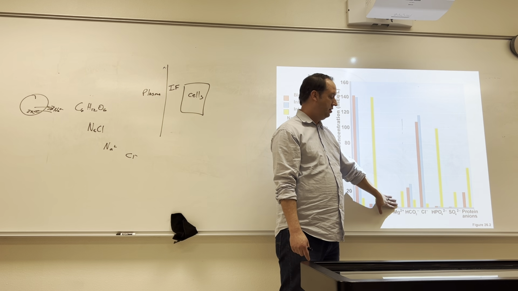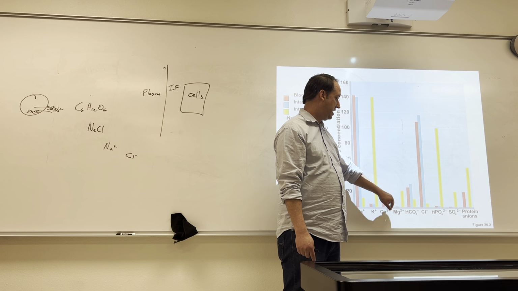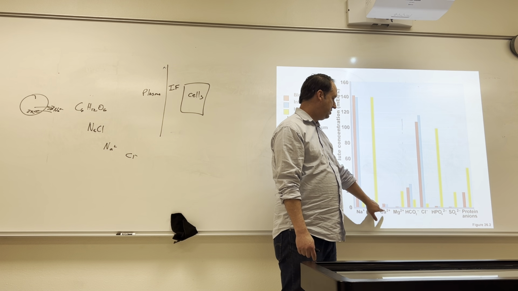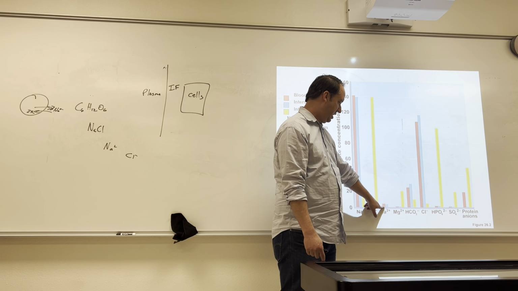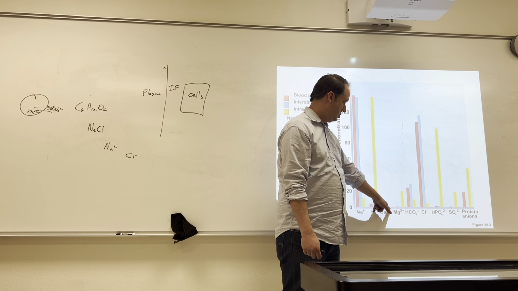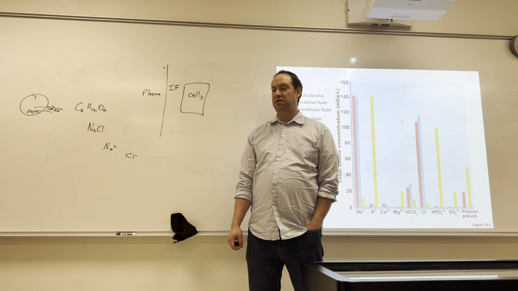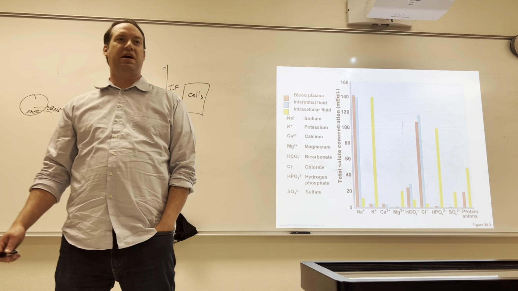Here's magnesium. You can see there's quite a bit of it inside, but not so much outside. And then here's calcium. There's a little calcium in the plasma and a little in the interstitial fluid. In the cytoplasm, there's not really a lot free floating. There's 4 pounds of calcium in you.